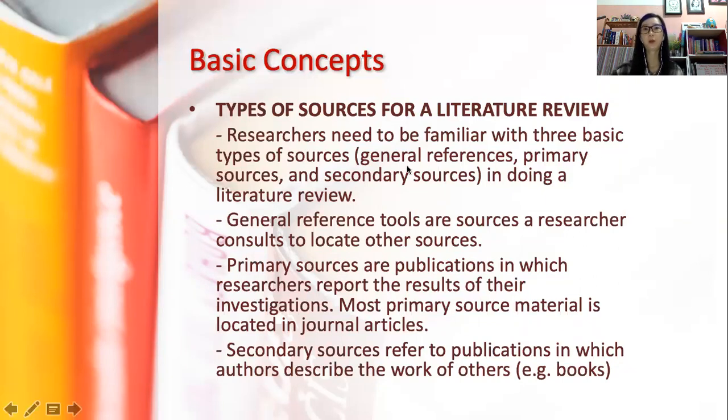The first one is general references, which are something like databases. Then primary sources and secondary sources. Primary sources are publications, published research reports, and journal articles. Secondary sources refer to books or textbooks.